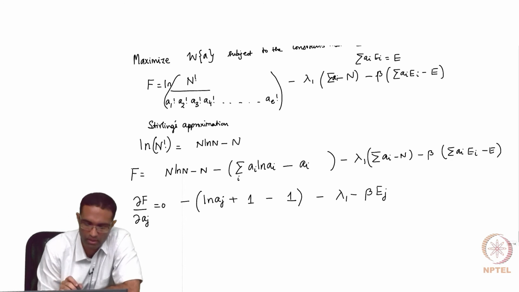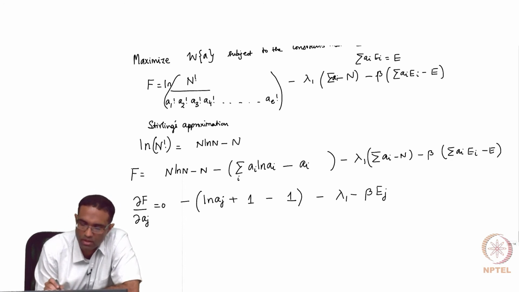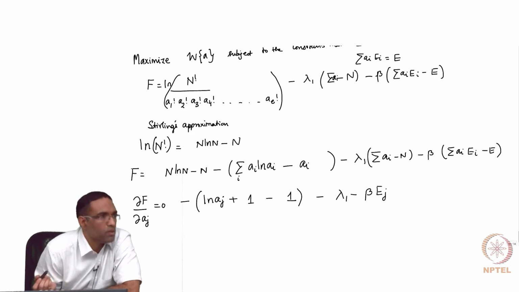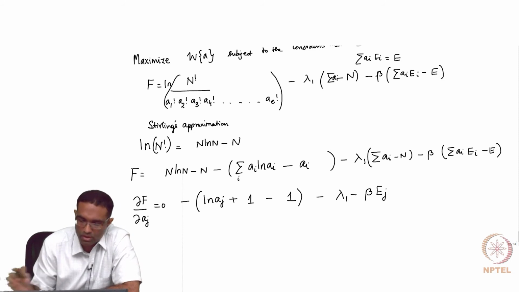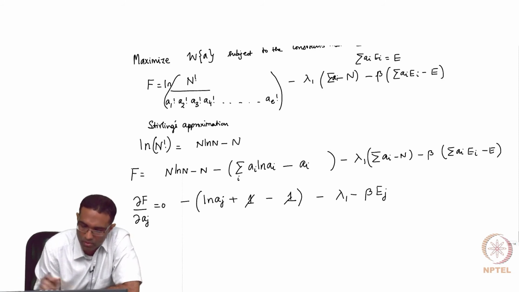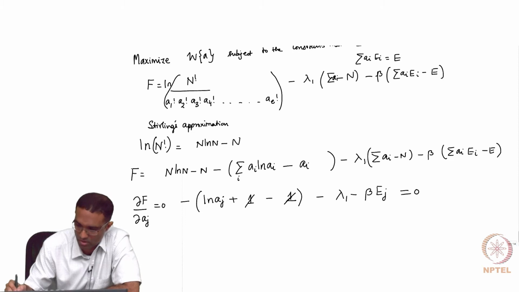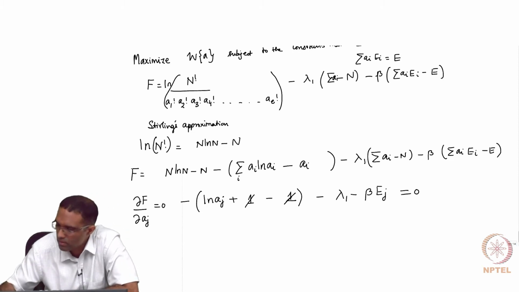Because the whole idea is that only the terms here which survive are the ones which will be differentiated with respect to Aj, all the others will be 0, right. So this basically reduces to, and this has to be equal to 0 for extremization.